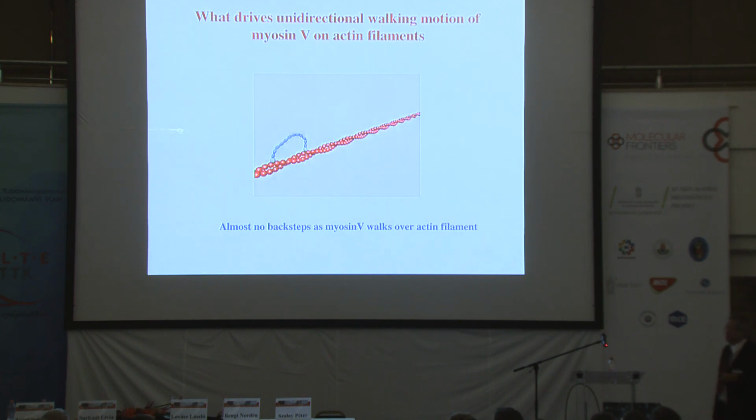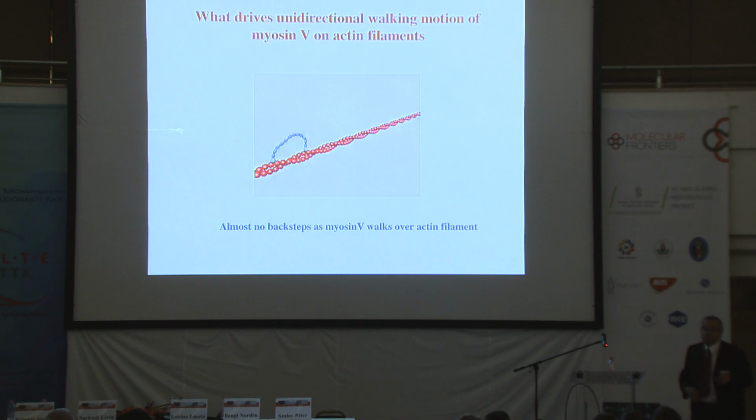This is myosin 5. It's a molecule that has two heads. It carries load in the cell, and it does it in one direction. There is a whole family of myosins, including those that activate your muscles.